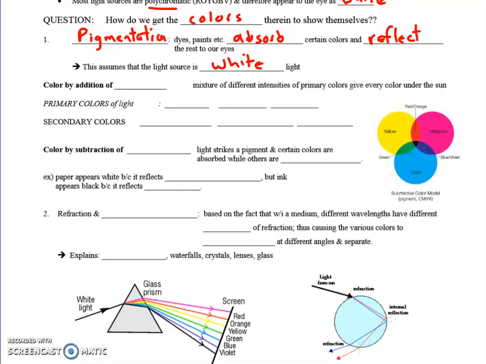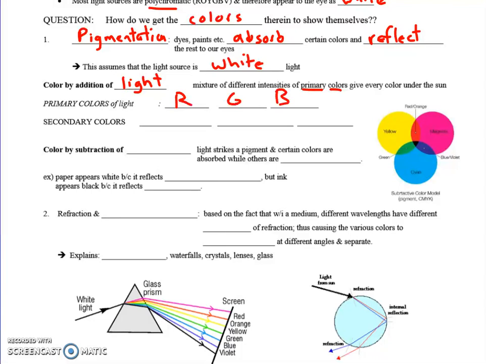So there's 2 ways we can look at how we can get different colors to come out through pigmentation. There's color by addition of light. Actually, I should be careful what I'm saying because that's not technically pigmentation, but it fits in this general idea. You take a mixture of different intensities of primary colors, and every color under the sun can be produced. So the primary colors again are red, green, and blue.